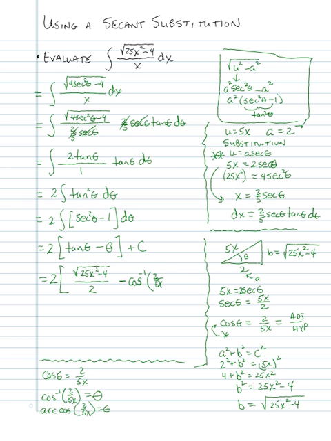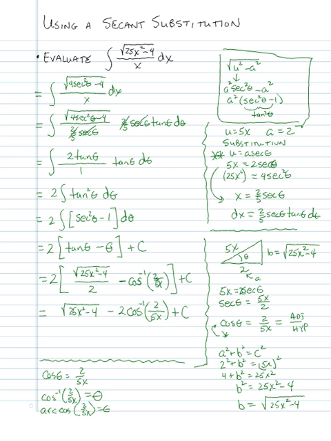That's even hard for me to read. Plus our constant of integration. And then we could actually distribute that outside factor of 2. So when we multiply 2 times that fraction, in the first position, we end up just getting the square root of 25x squared minus 4 minus 2 times the inverse cosine of 2 over 5x, a little neater, plus our constant of integration.